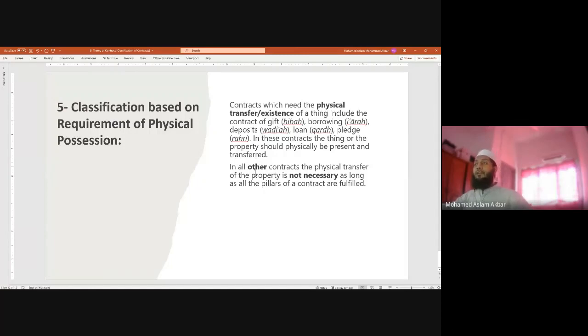In all other contracts, the physical transfer of the property is not necessary as long as all the pillars of a contract are fulfilled. This is what we call the non-physical possession contract. For example, you do this kafala or hawala, right?